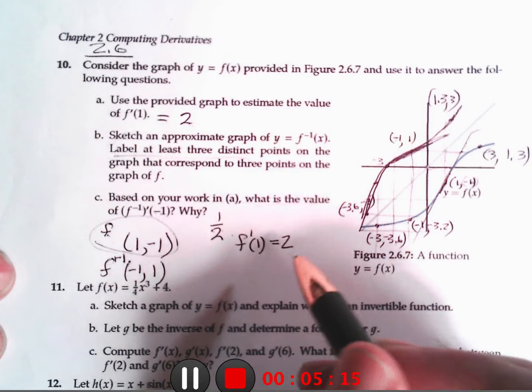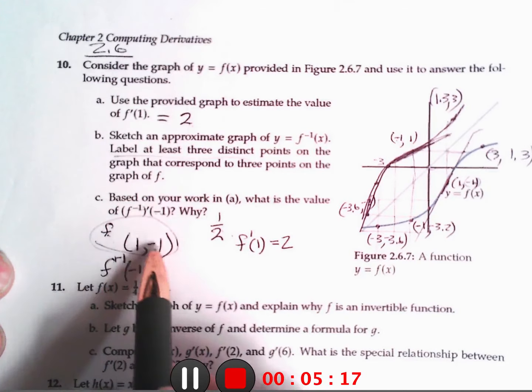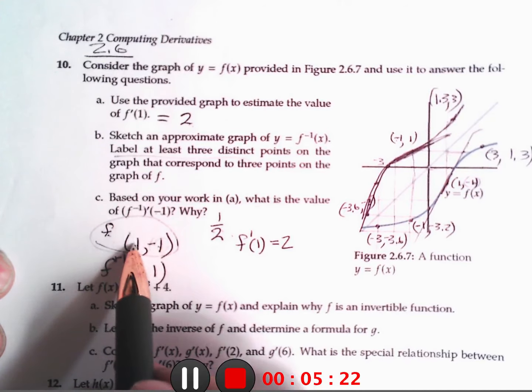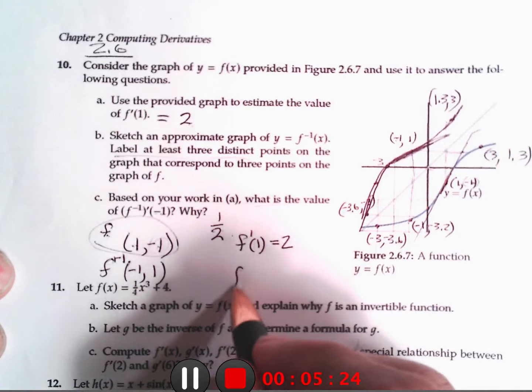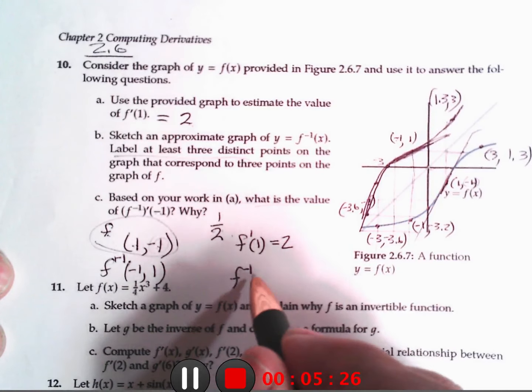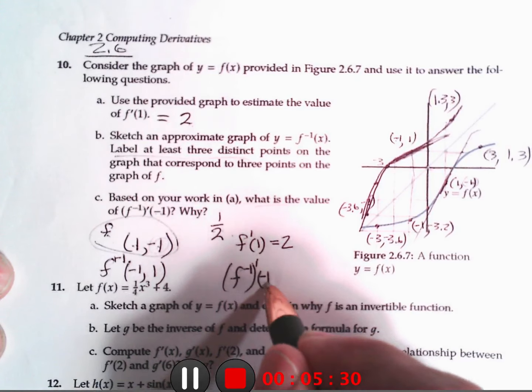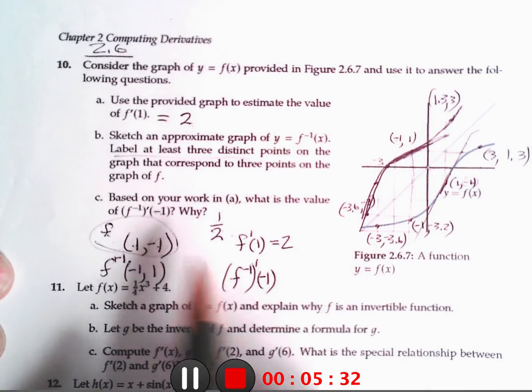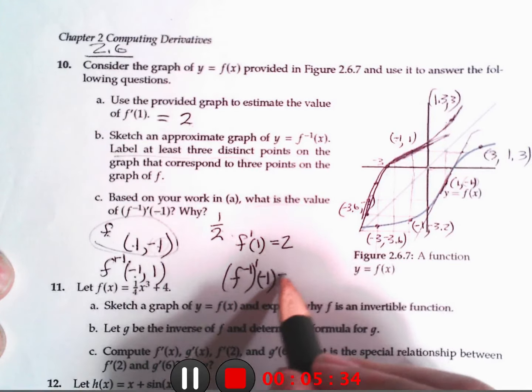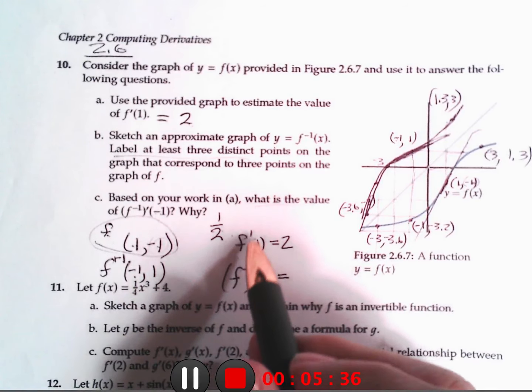So if we go to the opposite end, the y instead of the x-coordinate, in the inverse, and find its derivative at negative 1, it's going to be the reciprocal of what it was at the a.